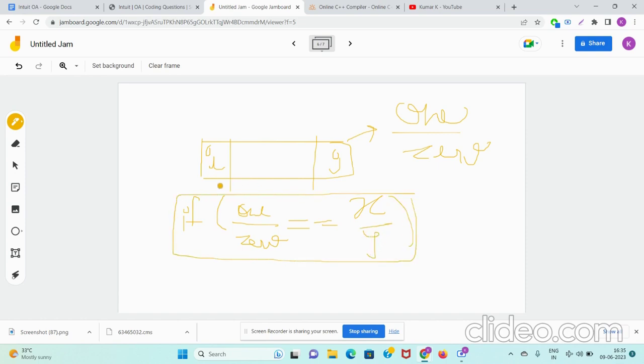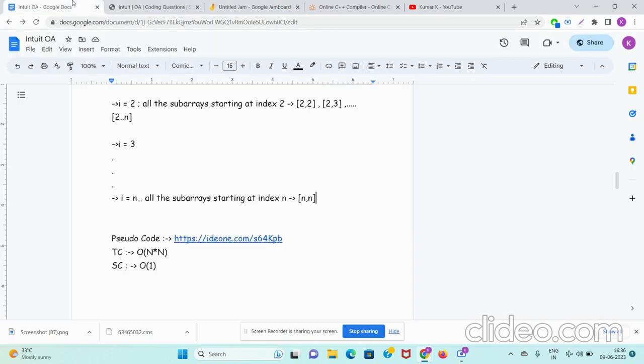Simple. If for this subarray the number of zeros, I am calling it z, divided by the number of ones, I am calling it o. If z by o is x by y, it means it is a valid subarray.